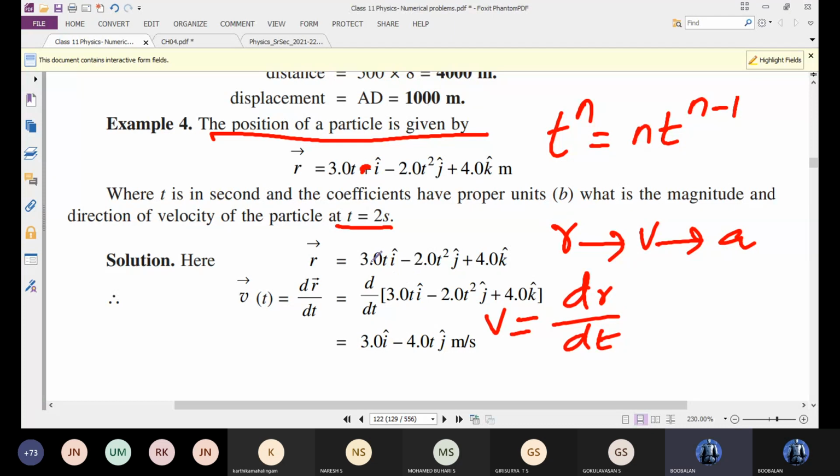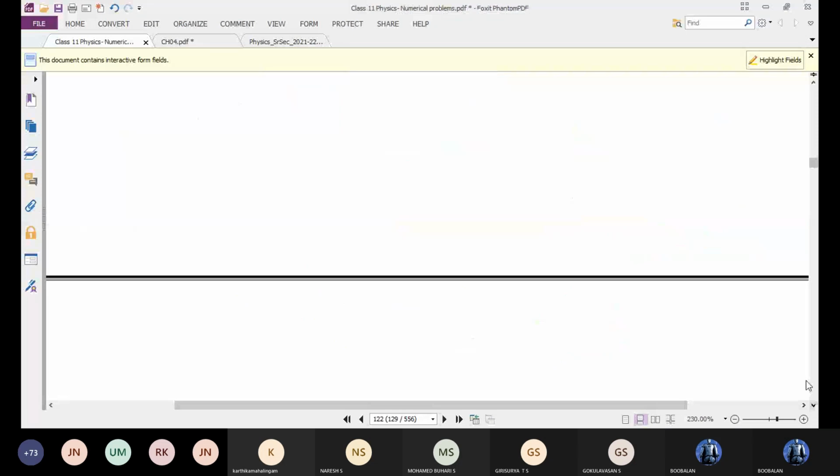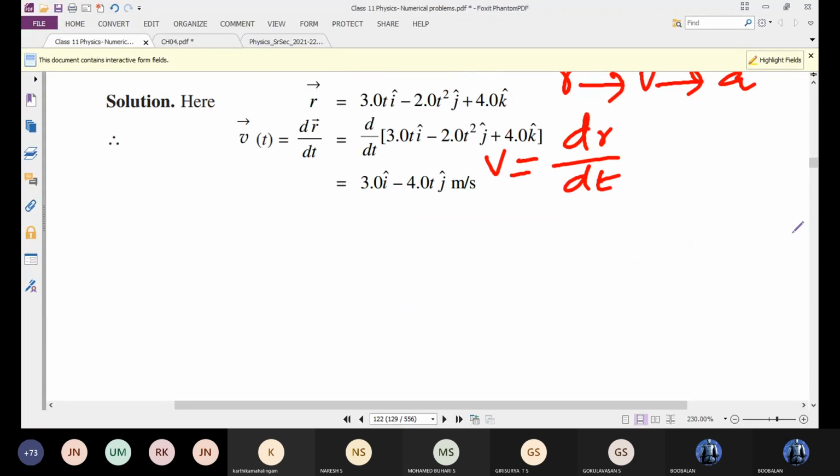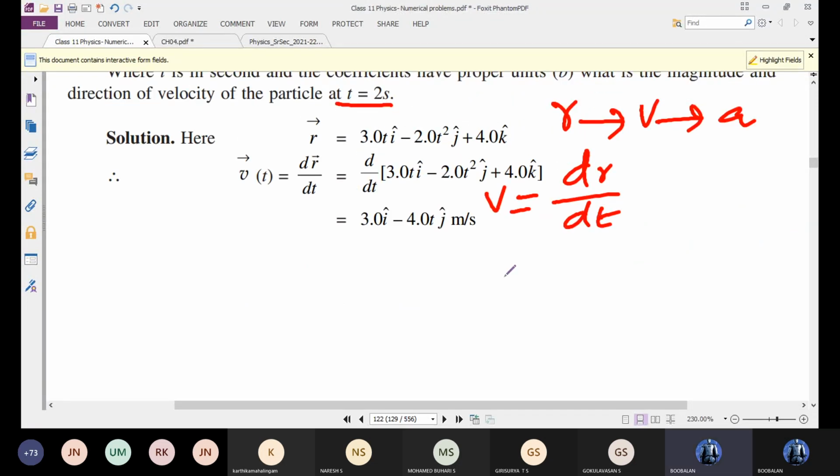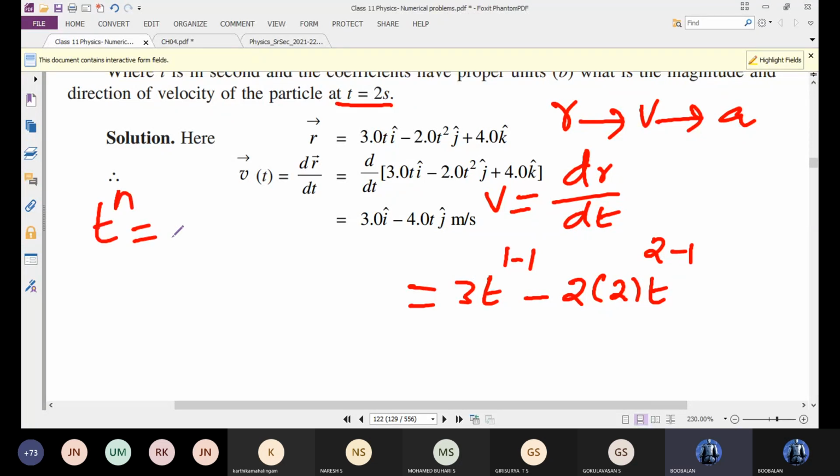Now apply the value of r: 3t I cap minus 2t square j cap plus 4 k cap. Now listen. After the differentiation, 3 t power 1 minus 1, minus 2 into 2 t power 2 minus 1. t power n becomes n into t power n minus 1. This is the formula.